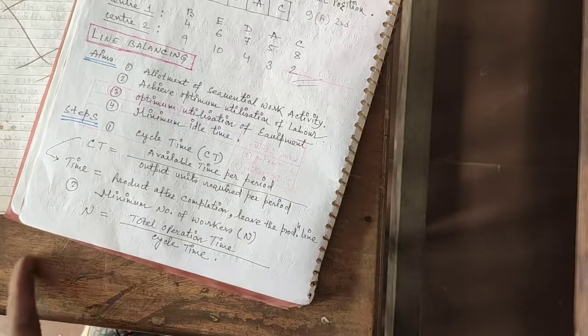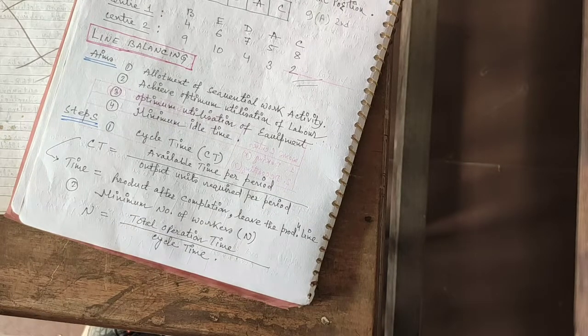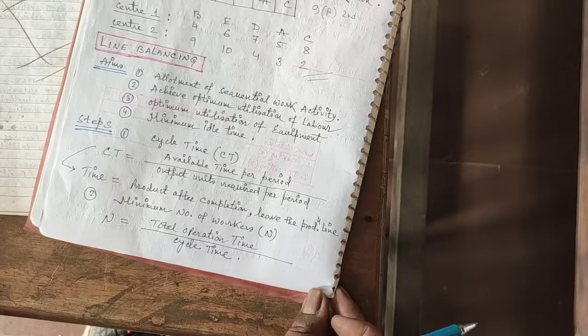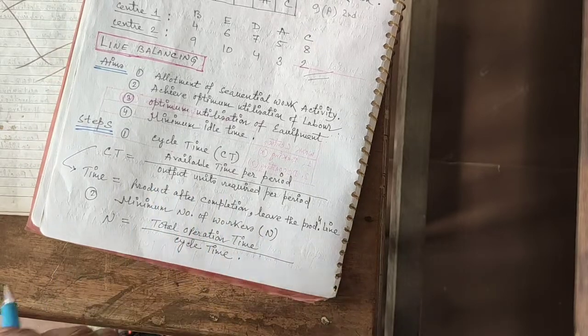Okay, now how do we calculate the steps of line balancing? When we calculate the line balancing, step 1, we calculate the cycle time, commonly known as CT. What is cycle time?